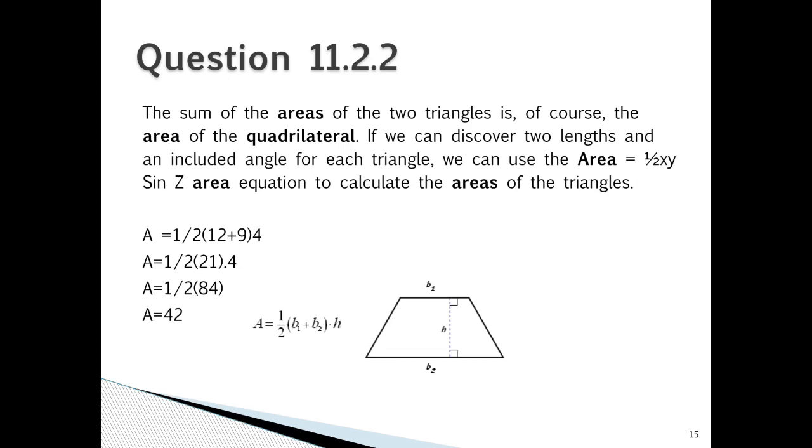A is equal to half times (12 plus 9) times 4, which is equal to half times 21 times 4, which is equal to half times 84, which is equal to 42. So, if we look at the formula, A is equal to half (b1 plus b2) times h.